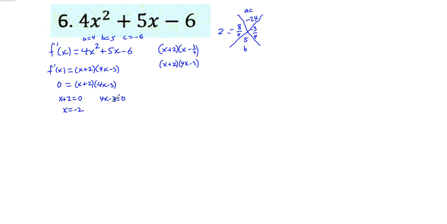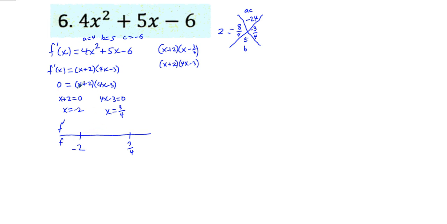And on the other side, if we bring the 3 over to the other side, we're going to have x is equal to 3/4. So there we have our critical numbers. I'm going to make a number line below here, and I'm going to put -2, and then 3/4 over here to the right, and then f prime above and f below.